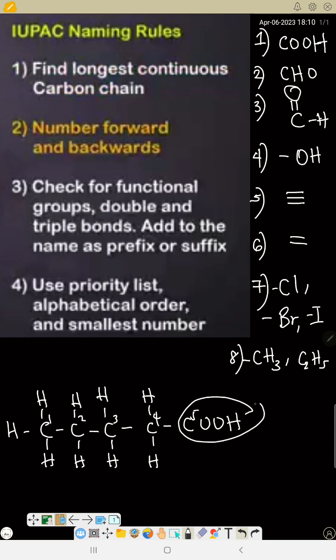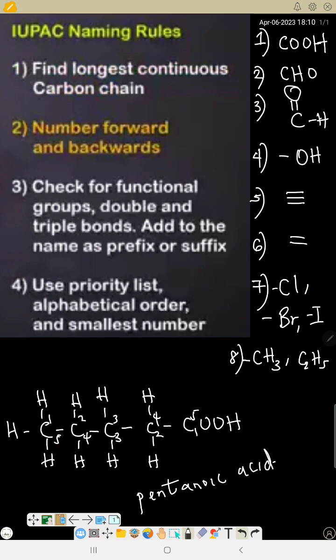You need to count the carbon in the COOH too. Now this is 5, that is pent, but this is alkanoic, so this will now be pentanoic acid.